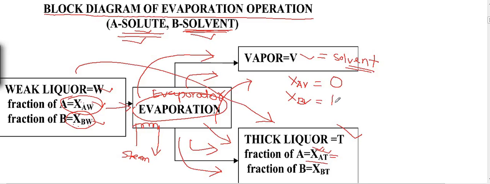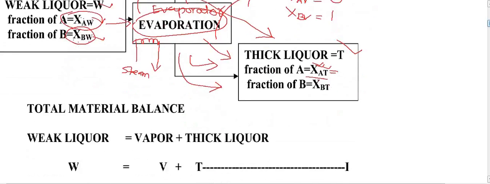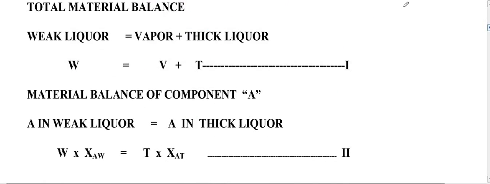With the help of these symbols, we will write down the material balance equations. Our first material balance equation is the TMB, total material balance.